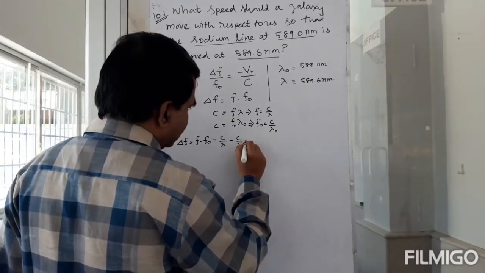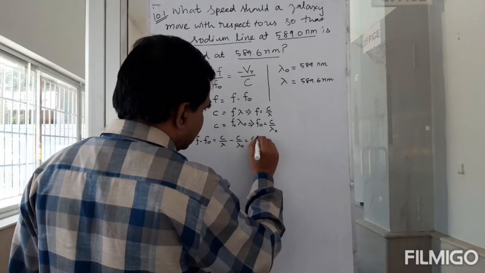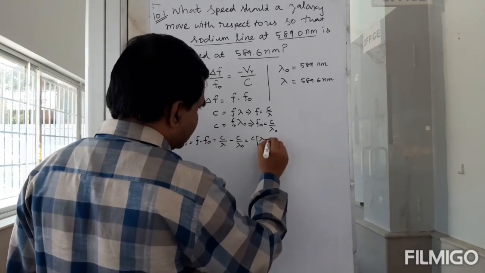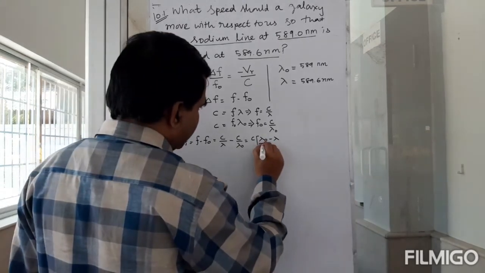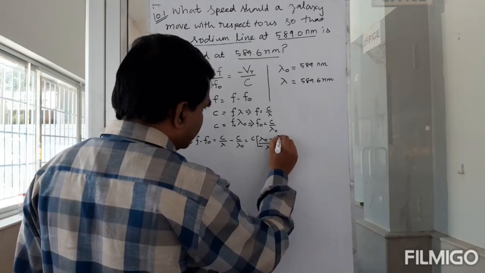So can I take the LCM? c into (lambda naught minus lambda) divided by lambda times lambda naught.